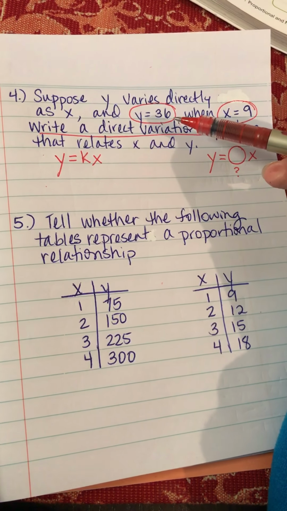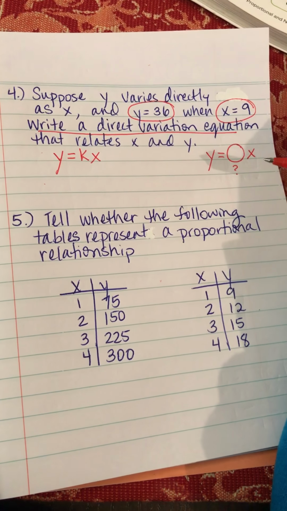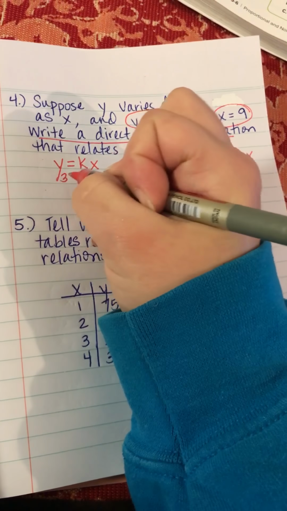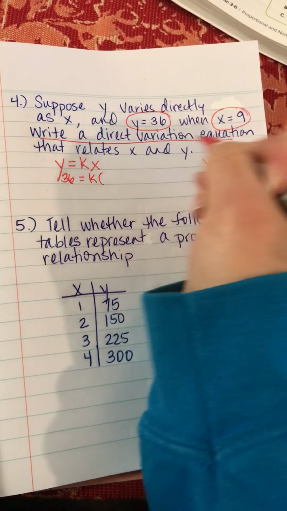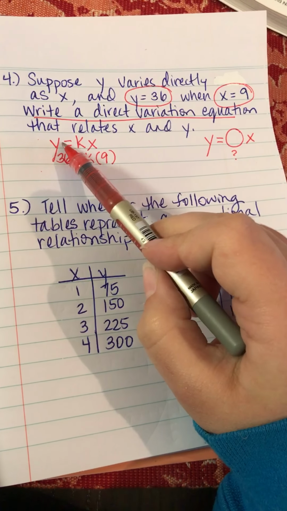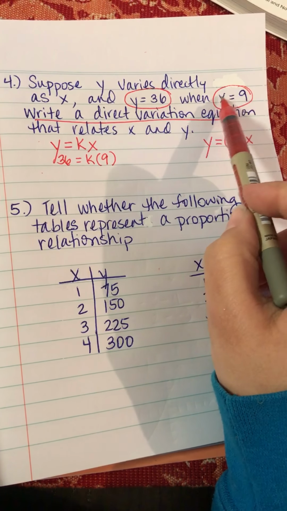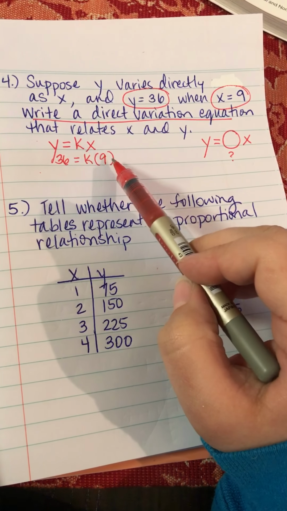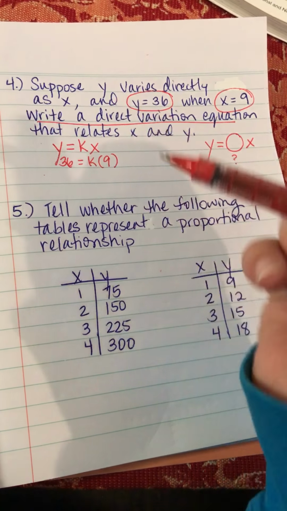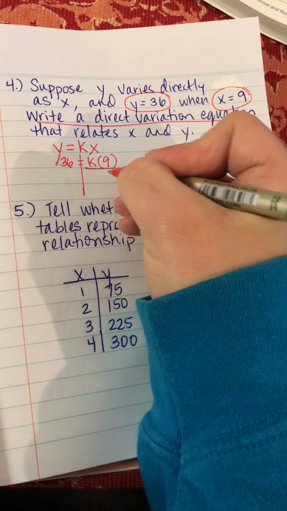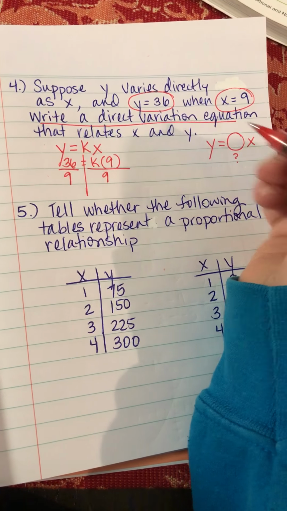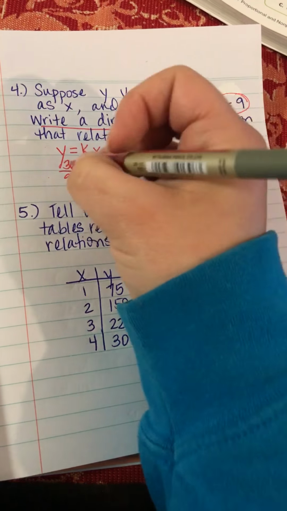So I'm going to use the 36 and the 9 to find out what the k is. So I'm going to use the equation 36 equals k multiplied by 9, because 36 is equal to y and 9 is equal to x. So where the x is, I'll put the 9, and where the y is, I'll put the 36. And then I'm solving for k. So if I solve this equation, to get the k by itself, I would need to divide by 9.